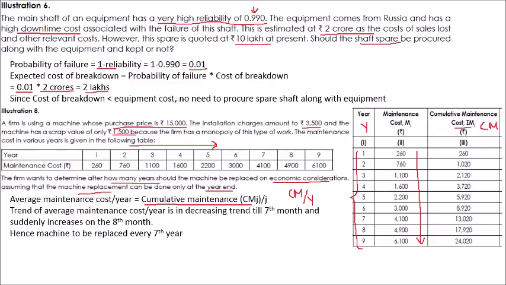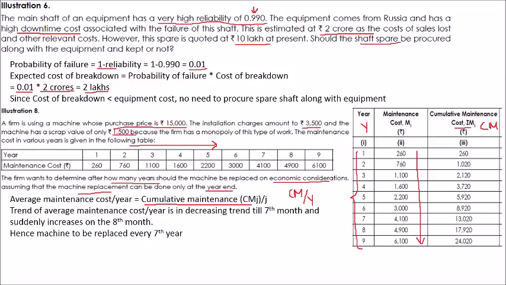The first year is high, the second year is low, the third year is still low, the fourth year is still low, and till the 7th year you can find the minimum, and in the 8th year it is once again increasing. So guys, please watch this trend in the last column of the table given in your book. The 7th year has the least maintenance cost per year to the company, so it is advisable to replace the machine every 7th year.